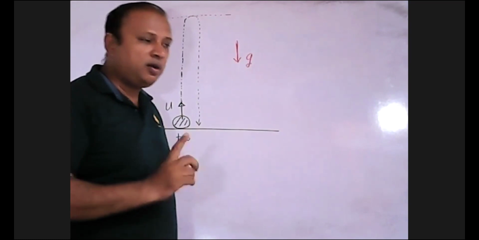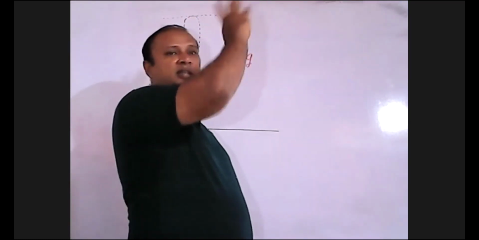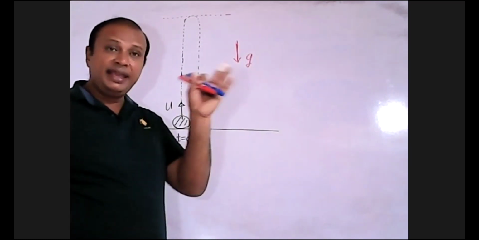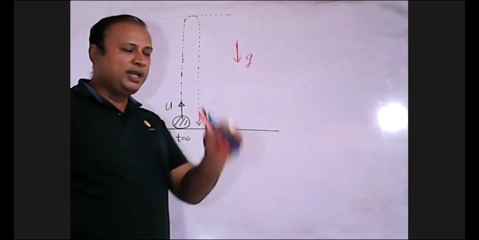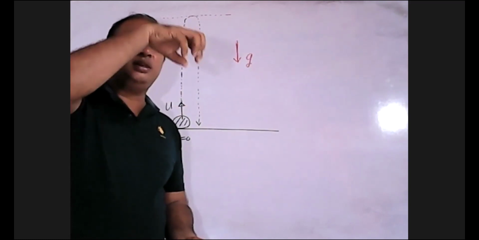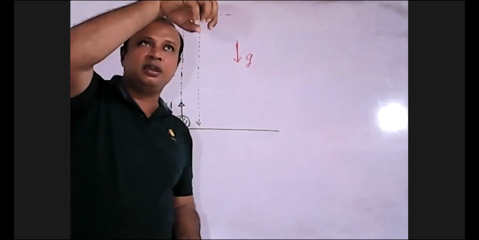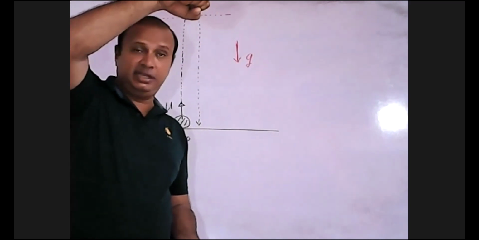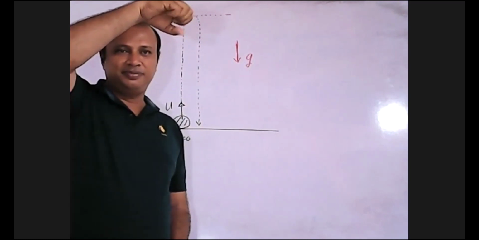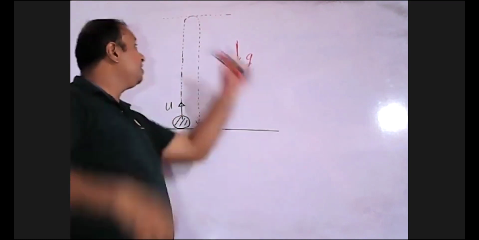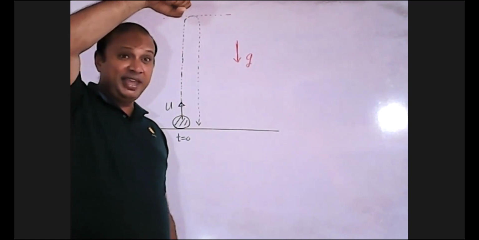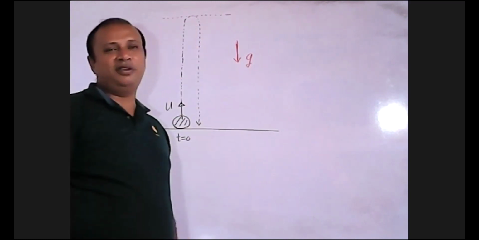Therefore the velocity of that ball gradually decreases, and finally the magnitude will be equal to zero at the maximum height. Then it moves in the downward direction.